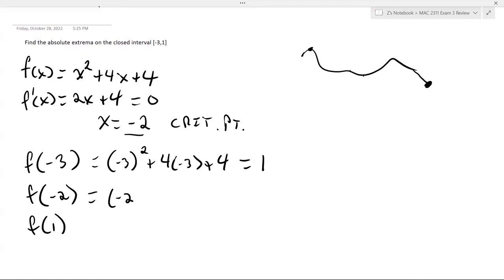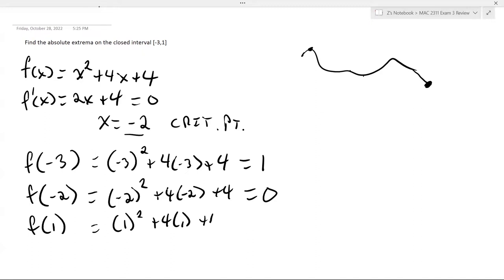For -2, we have -2 squared plus 4 times -2 plus 4. -2 squared is 4, minus 8 is -4, plus 4 is 0. And the last one is 1. So 1 squared plus 4 times 1 plus 4 equals 1 plus 4 is 5, plus 4 is 9.